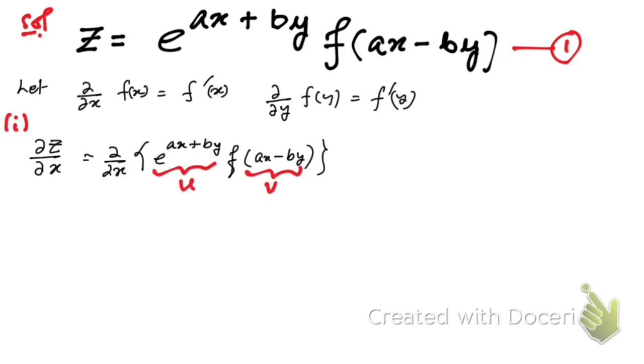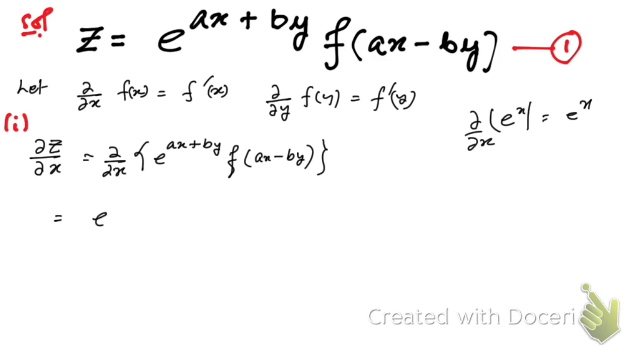The derivative of the first function: we know that d/dx of e to the power x is e to the power x. But here we have e to the power ax plus by, so again we need to differentiate this as well.